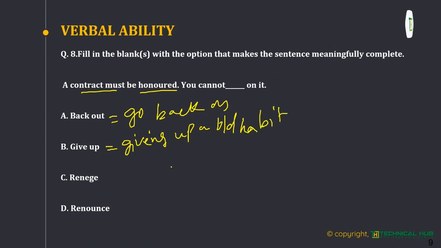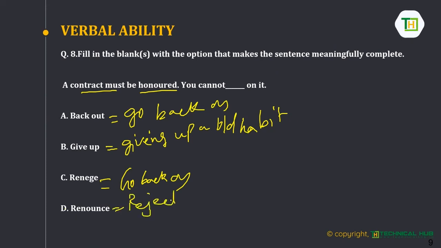Then renege. Renege means this also, go back on. Then renounce means reject. So reject, that means you cannot take back.